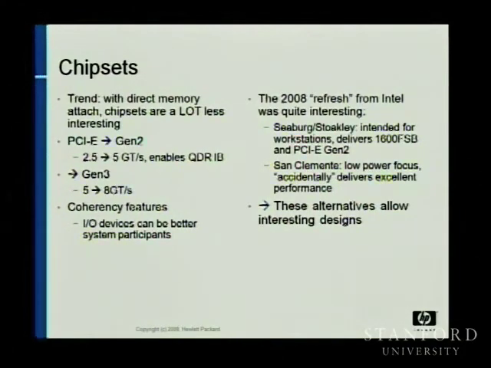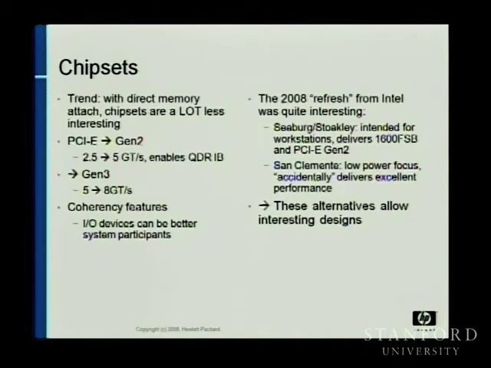And the other thing, which we'll talk about why this matters in a little bit: the current 2008 processors and chipsets out of Intel, they did something interesting. One is that they have a sped up frontside bus with PCI Express Gen 2 for their workstation part that's also in some servers. And then their low power part, San Clemente, has a design center around low power, and just by mistake, they made it so that it had really good performance.